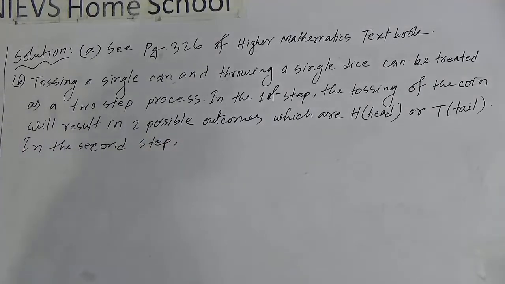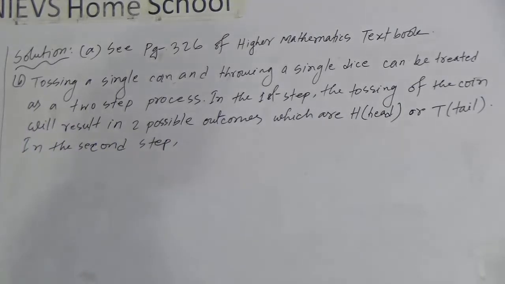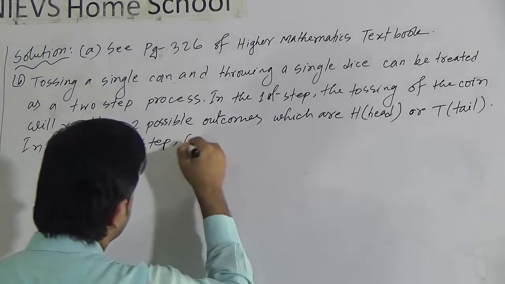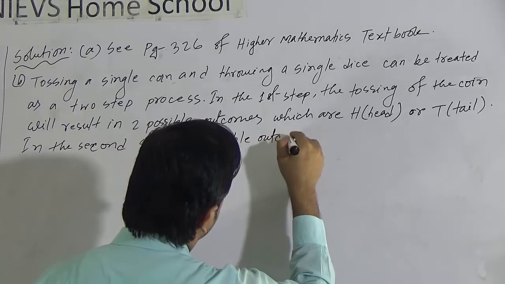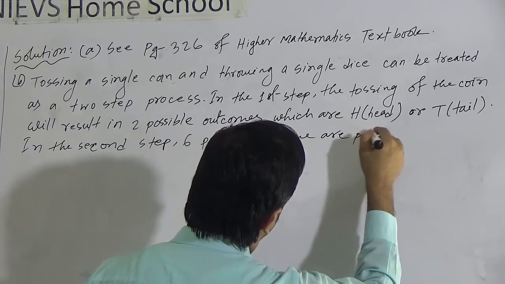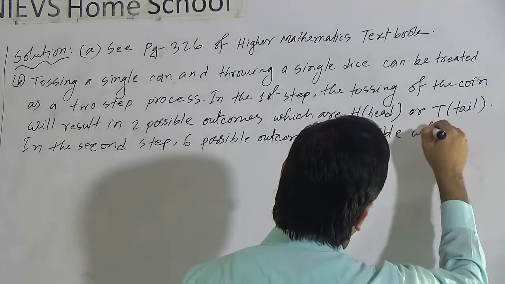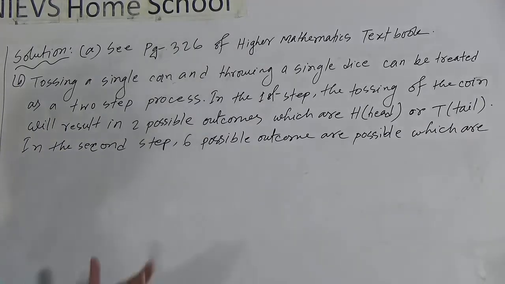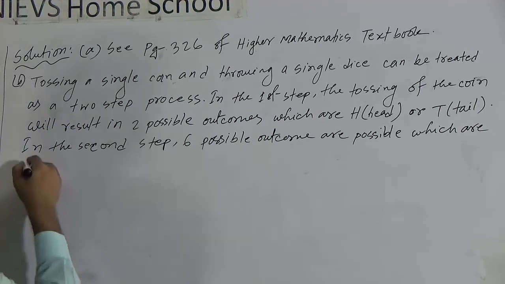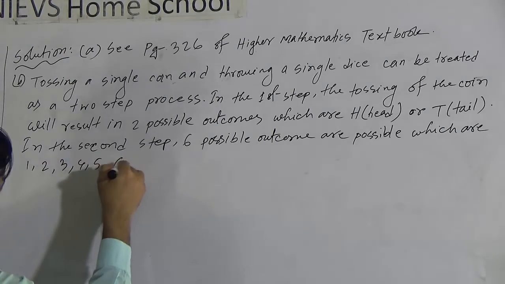six possible outcomes are possible, which are here six possible outcomes. It means that if we throw a dice, we will get the outcomes 1, 2, 3, 4, 5 and 6.